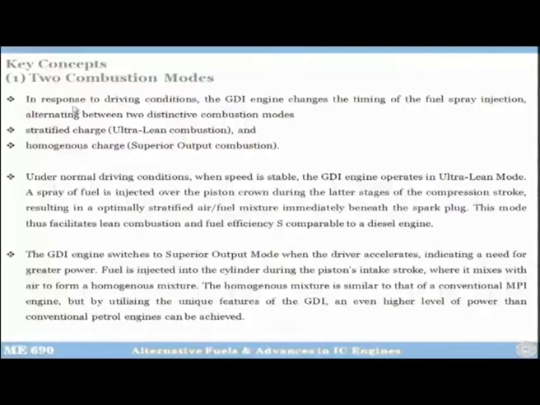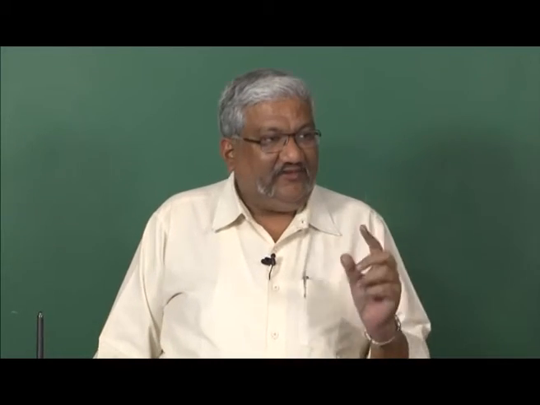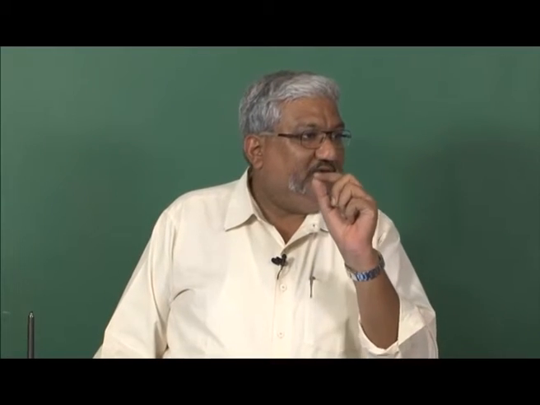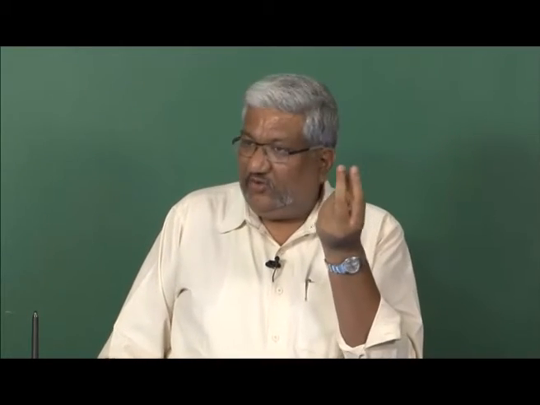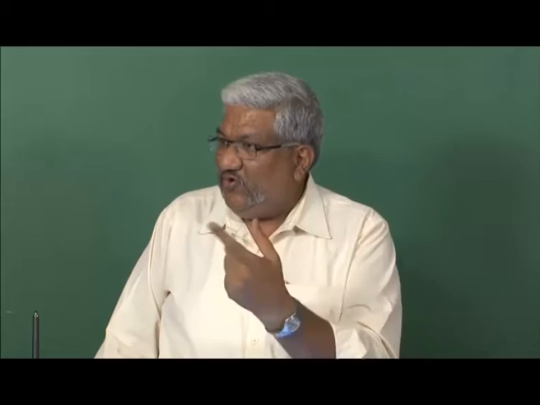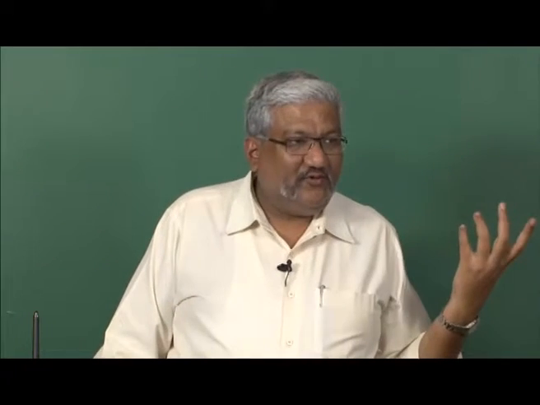In response to the driving condition, the GDI engine changes the timing of the fuel spray injection, alternating between two distinct combustion modes. The first is stratified charge mode, also called ultra lean mode. Why do we call it ultra lean mode? Because in stratified charge mode, we are injecting at the end of the compression stroke, so only very close to the spark plug there is fuel, and other places there is no fuel.